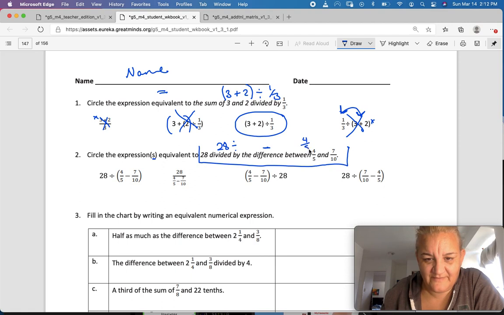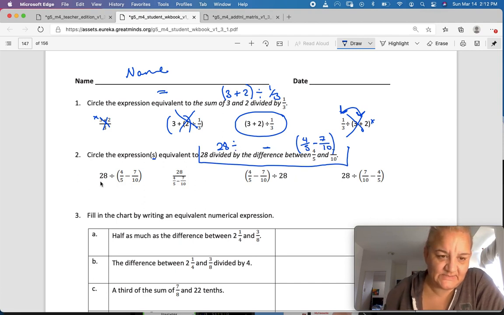So 4/5 minus 7/10. So 28 divided by 4/5 minus 7/10. Oh, look at that. That's exactly what I already have written.